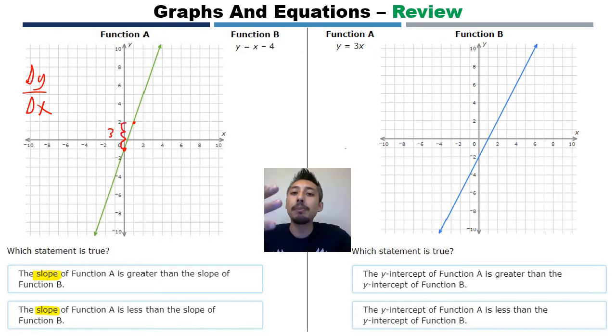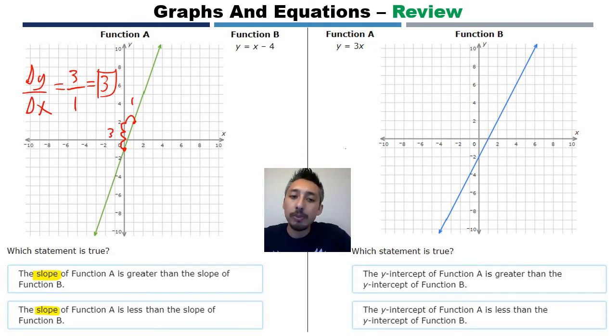Because I moved up, it's a +3, and then I move 1 to the right, which is a +1. This means that my change of y is 3 and my change of x is 1. 3 because I went up in the vertical direction, that's change of y, and 1 for change of x because I moved to the side. 3 divided by 1 is the same thing as saying 3, so my slope for function a is 3.